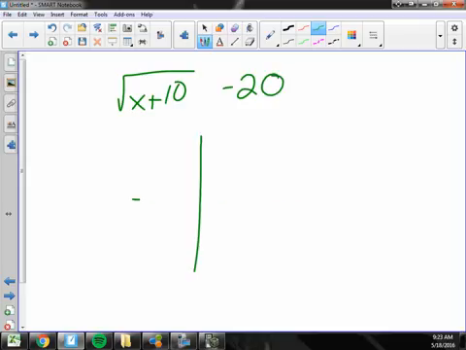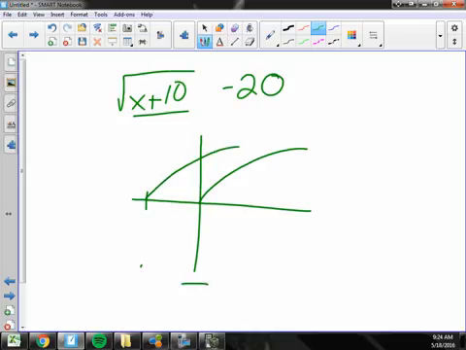So this graph starts here. What does the x plus 10 do? Moves it left 10. What does the negative 20 do? Makes it down 20. So from negative 20 to infinity, that's the range.